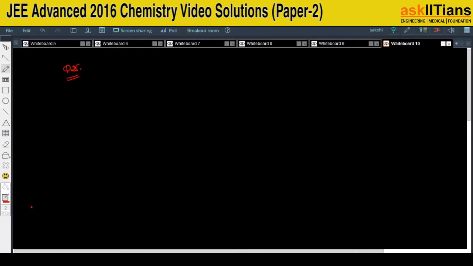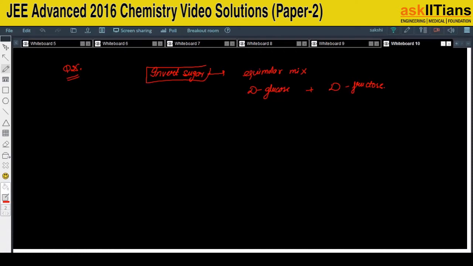It is very clear that invert sugar is an equimolar mixture of two components. The first component is D-glucose and the second component is D-fructose, which is obtained by the hydrolysis of sucrose.